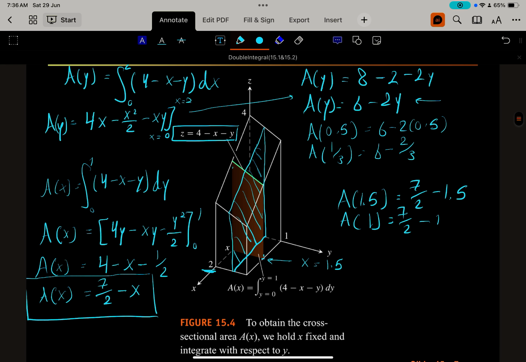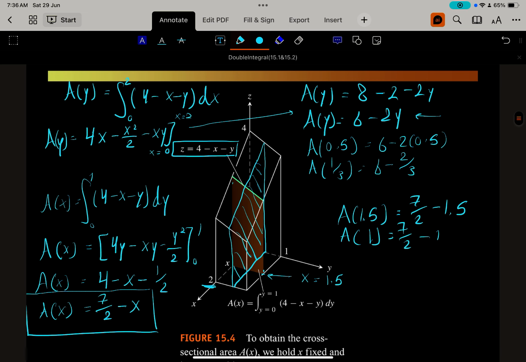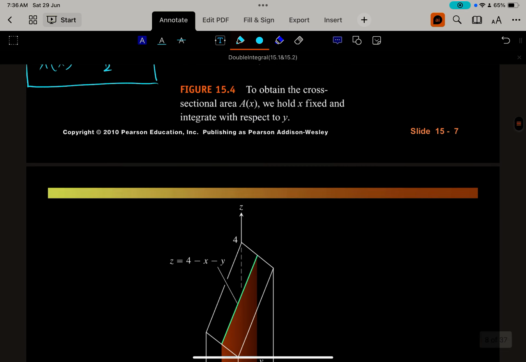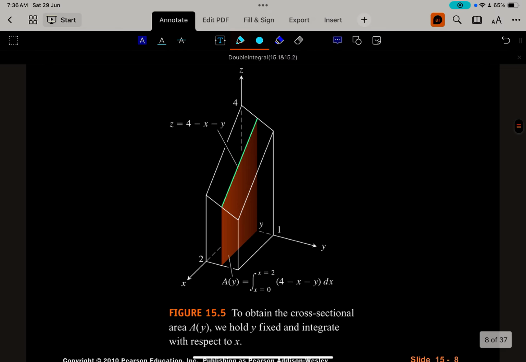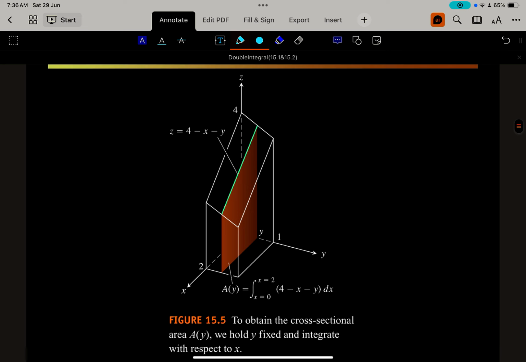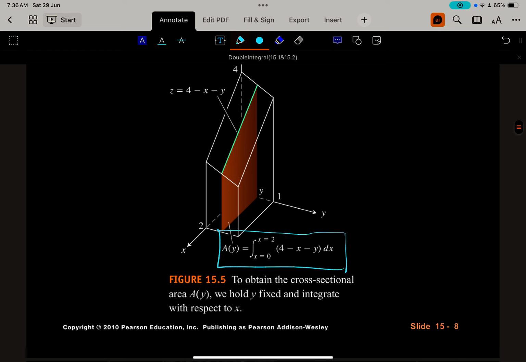It's a regular integral with one variable. That's easy. That's exactly what we did. To obtain the cross-sectional area, we hold y fixed and integrate with respect to x.